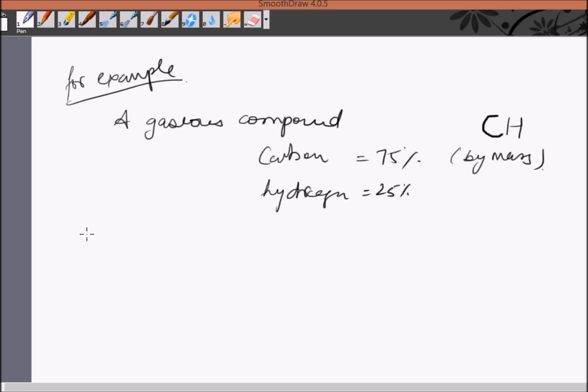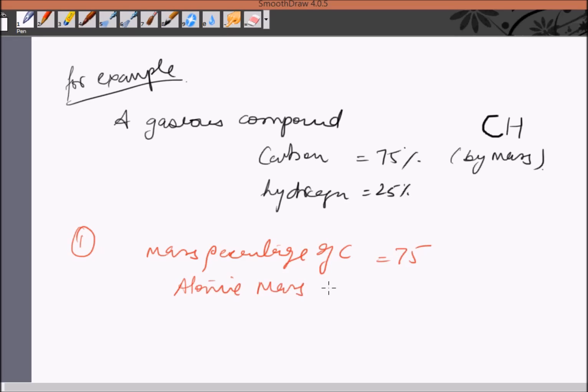So let's solve it one by one. First of all, we should convert mass percentage into moles of the atom by dividing the given percentage by the respective atomic masses. So first, the mass percentage of carbon is 75 and the atomic mass of carbon is 12.